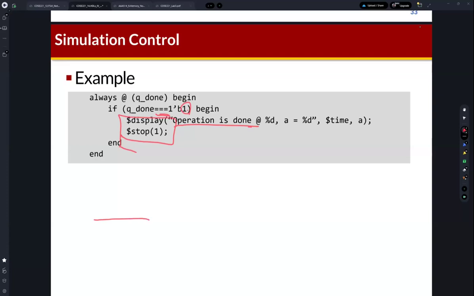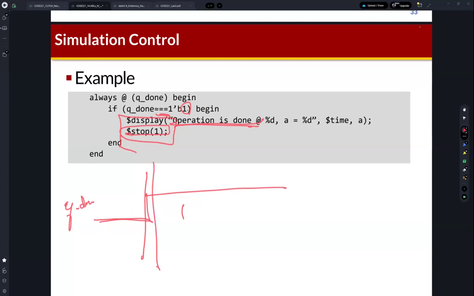So what does that mean? If the Q done becomes 1, then at this time these characters are displayed and the simulation stops. So the simulation stops at this point if the Q done becomes 1.